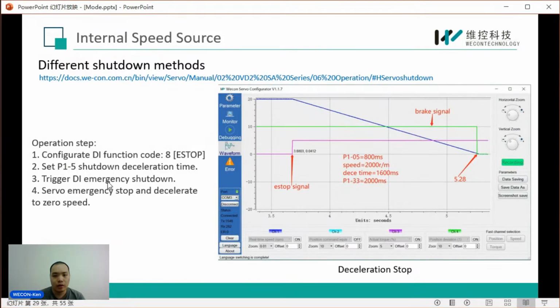Later, after triggering DI, the drive receives the signal for emergency shutdown. The motor will emergency stop and decelerate to 0 in the time of this deceleration parameter, not the P1 and 4 parameters. You can see the picture here.